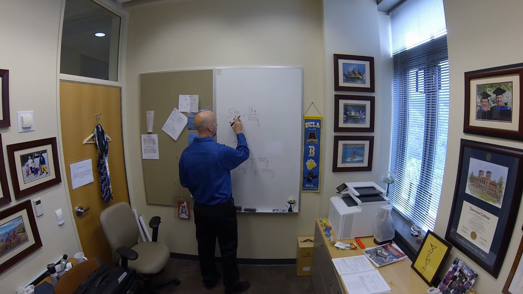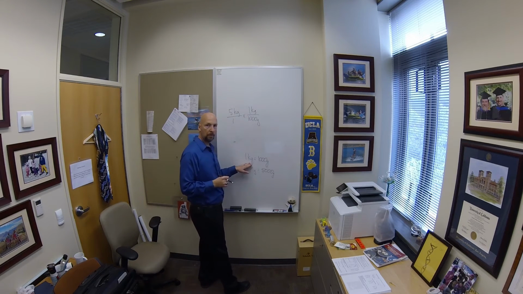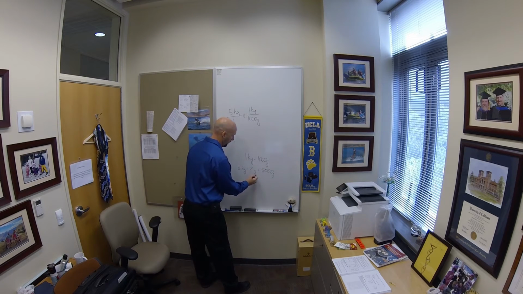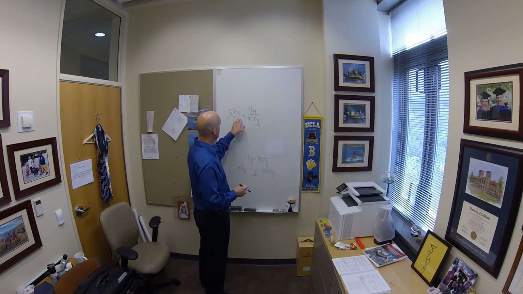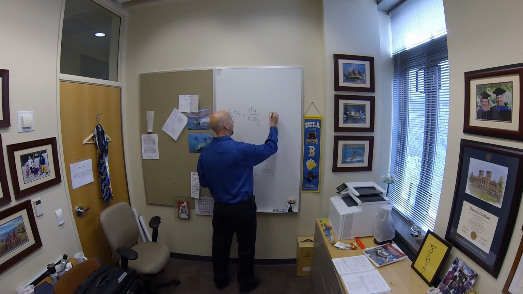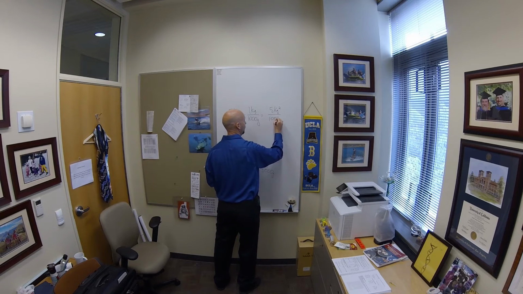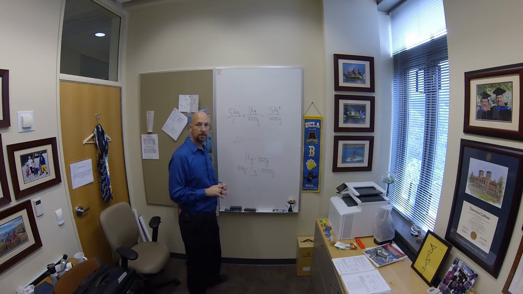Because I want what I'm converting from to cancel out, and I want to be left with what I'm converting to, which is grams, okay? My kilograms don't cancel out here. If I were to do this problem my answer would be 5 kilograms squared over 1,000 grams. Well, that's certainly not the answer to this problem.